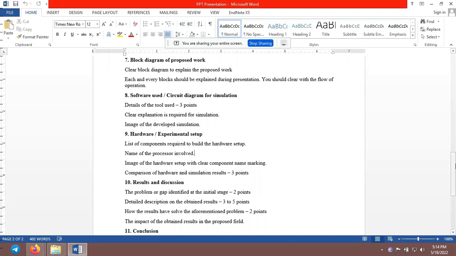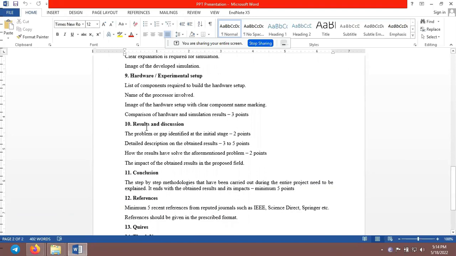Okay, and next one is the results and discussion. So in this slide, the problem or gap identified at the initial stage: what is the problem? You should write that problem in 2 points. 2 points means you no need to copy paste. You should give some bullets with crisp titles or crisp points.